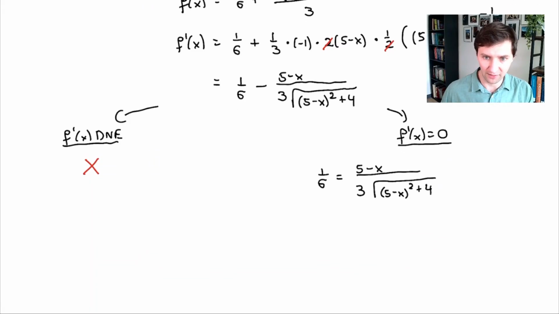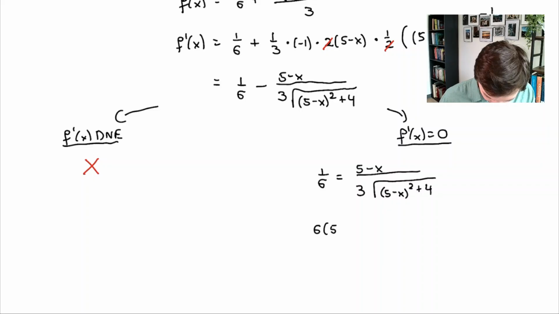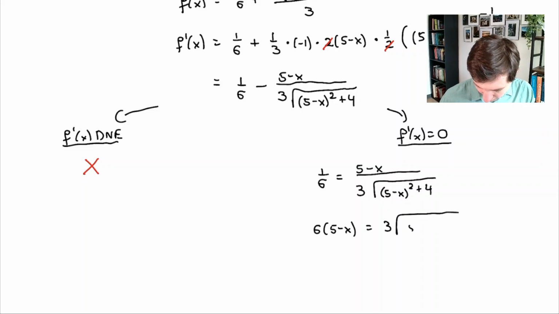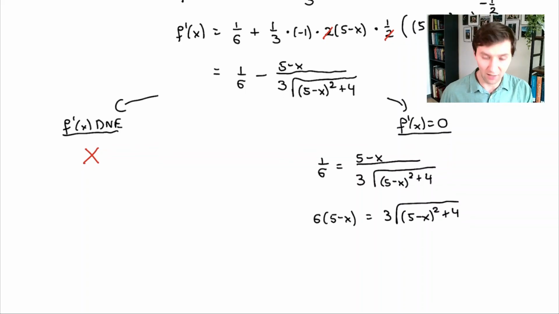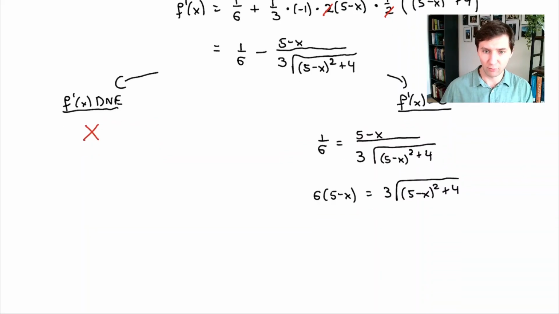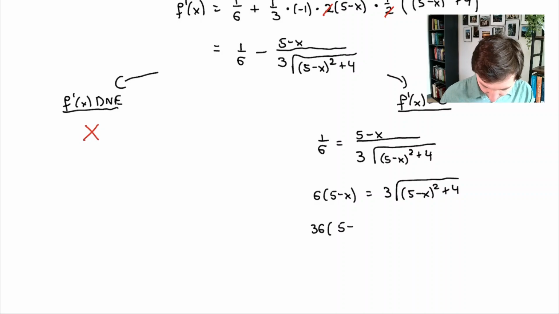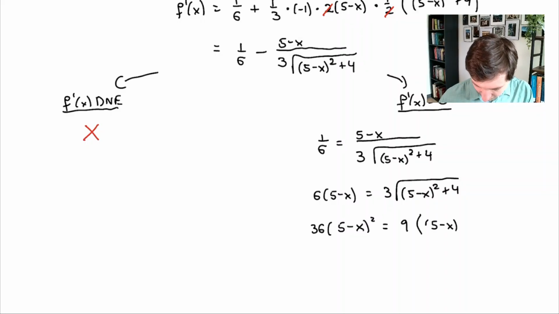I cross multiply this equation and I get 6 times (5 minus x) equals 3 roots of (5 minus x) squared plus 4. I want to get rid of the square root. Let me square both sides. When I do that, I will get 36 (5 minus x) squared. On the right side, I will get 9, and the square root goes away, and I am left with (5 minus x) squared plus 4.